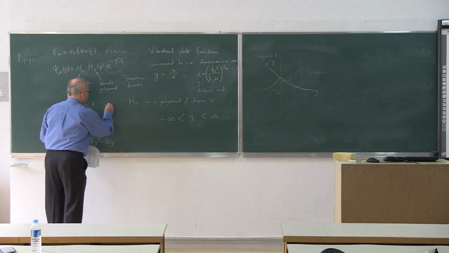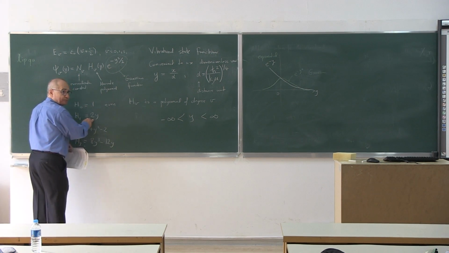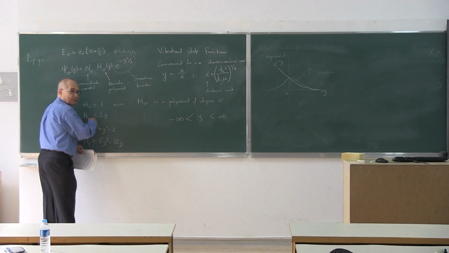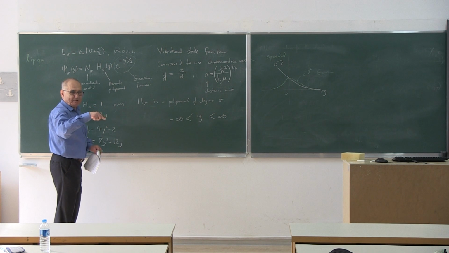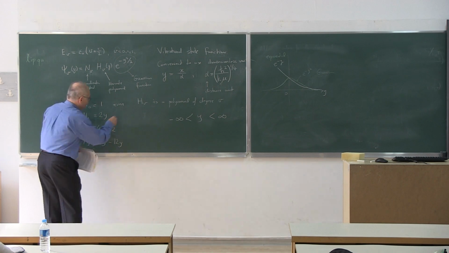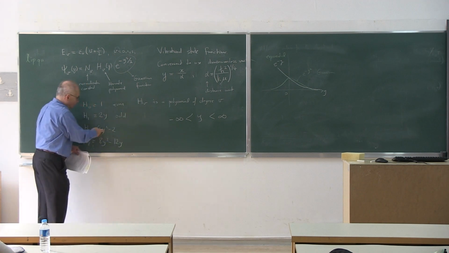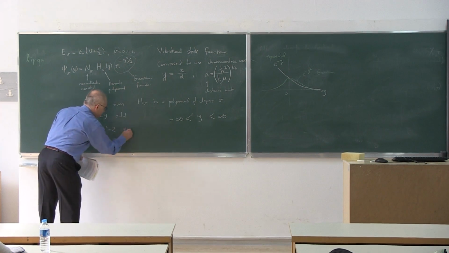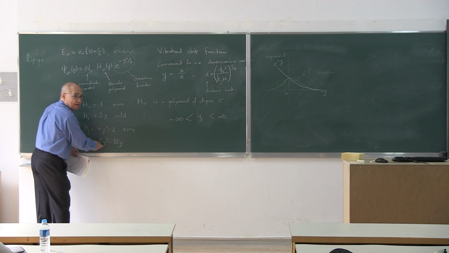So this function is even. The next one, this one, when you change y into minus y, the sign changes in the function. Those functions that have this property are called odd functions. So this is odd. What about this one? Because it is y squared here, it is even, isn't it? And the next one, odd.